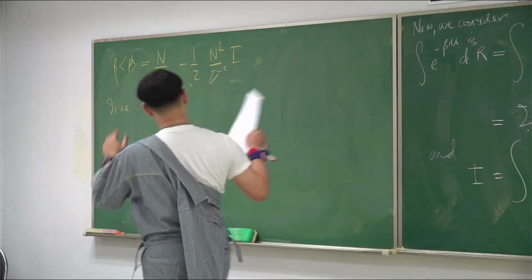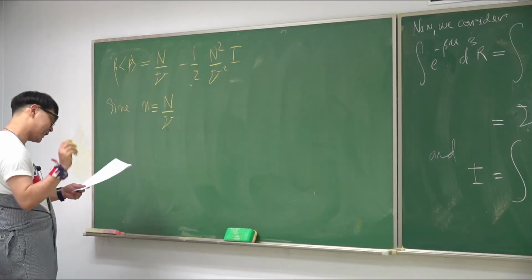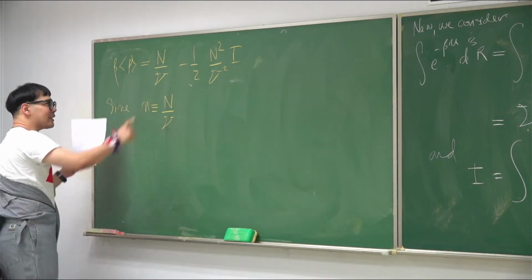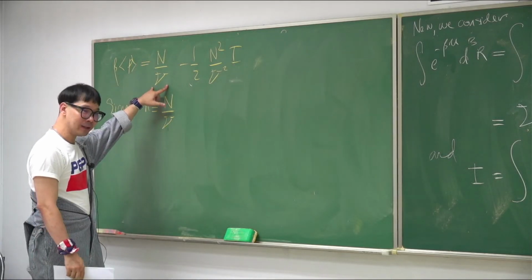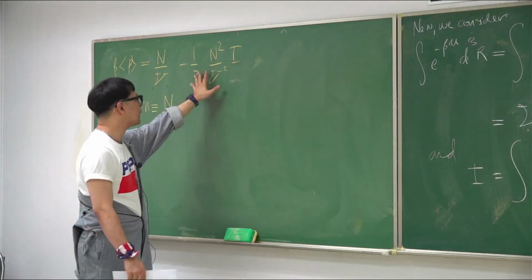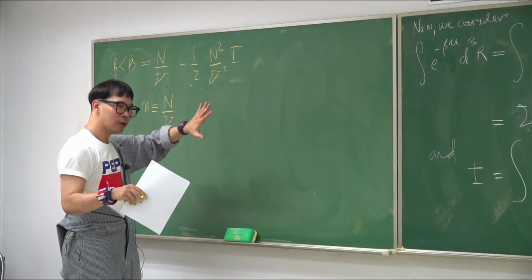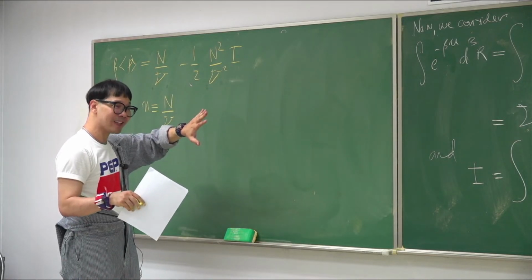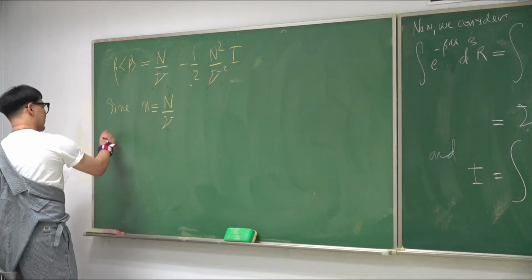Sorry about this, I made a mess for you. If you look at this, the first term goes with the power 1, the second term goes with the power 2. It means that in general, it's going to be a power series of this ratio n over V.